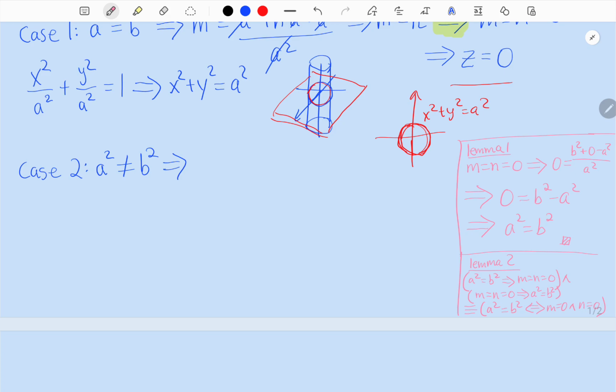So what does this mean? If a squared is not equal to b squared, this is false. It is not the case that both m and n are equal to 0. So this implies that either m is non-zero or n is non-zero.